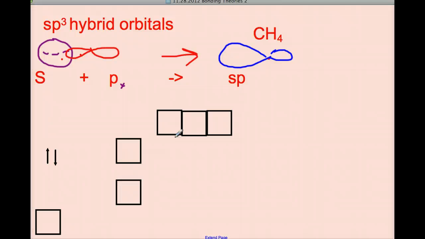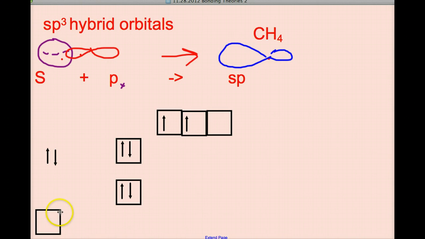I will always have the first up arrow, and then the down arrow. Carbon has a total of 6, so the next one is going to go up and then down. And then the last two need to be parallel, so it's going to go up and up. So for carbon, this is our first step, draw the electron configuration here.